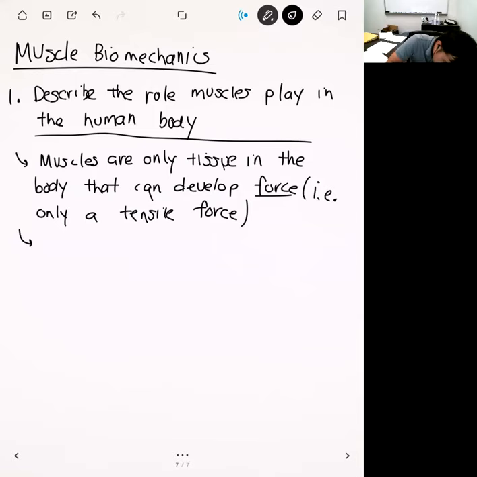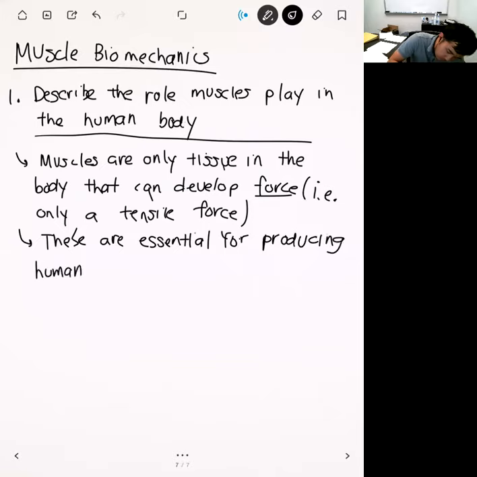Okay. Right. And so I would say that movement is the main goal or main role for muscles.